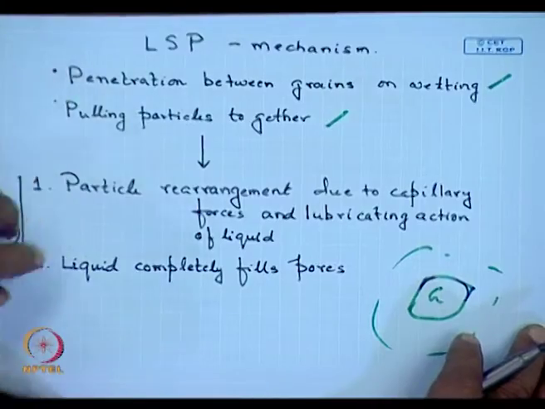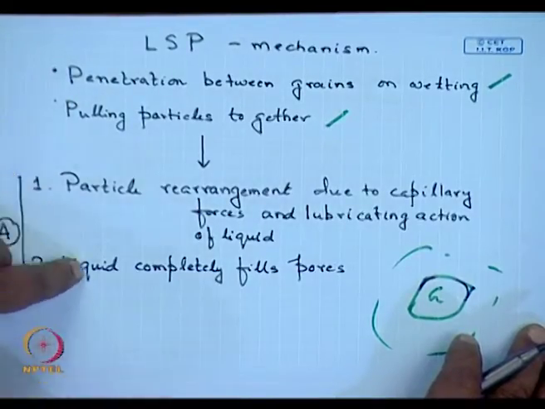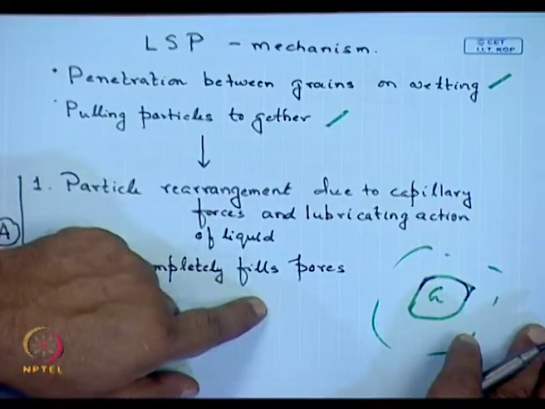When I talked last day, I will come to it again, during solid phase sintering these pores have to close, and closure of the pores is a major problem. I will come back to this point later. But in liquid phase sintering, what is the advantage we have? Even if we have 30% porosity, liquid will fill all the pores.